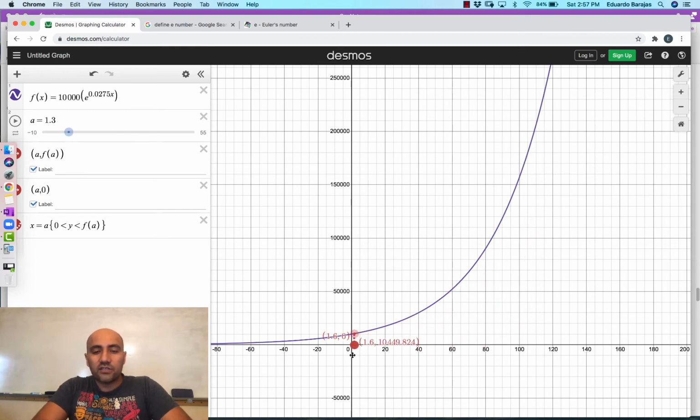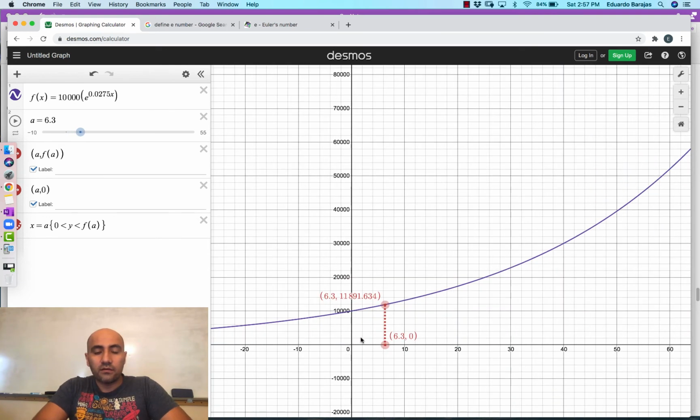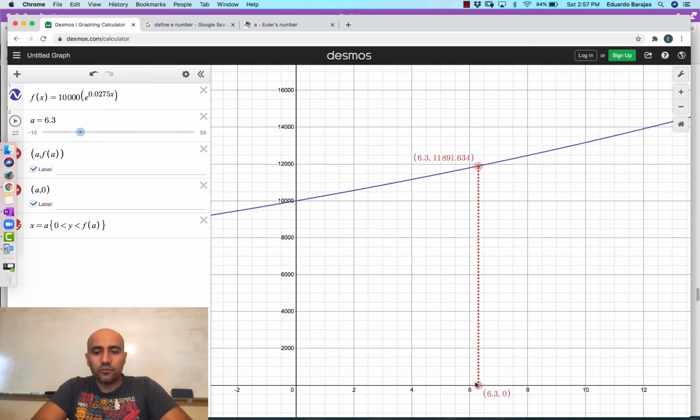But they were really just interested in this tiny little segment between 0 and 10. So let's just zoom into here. Between an investment of 0, that's where you started with 10,000, and then you grow as time goes by, from 0 to 10 years.